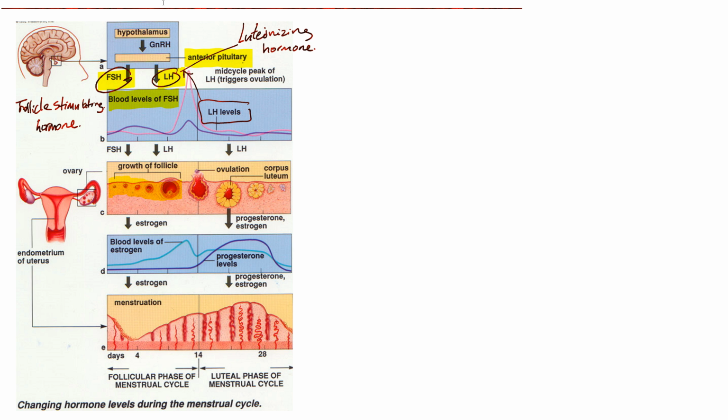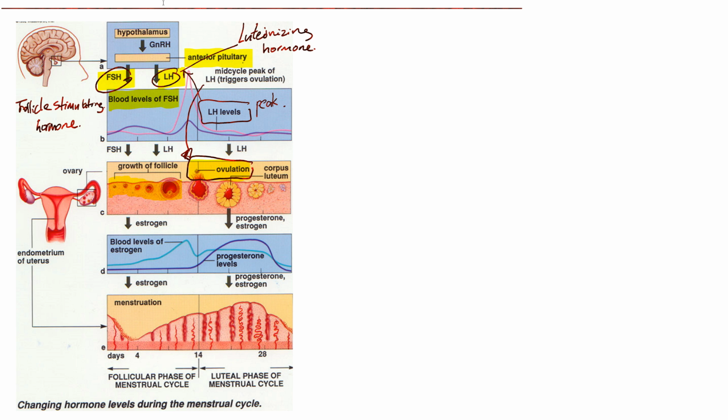Luteinizing hormone is going to peak at day 13 and 14. The peaking of this LH is going to stimulate ovulation. So LH's function is to stimulate the release of egg cells out of the ovary into the fallopian tube. This process is called ovulation. So LH function is basically for ovulation, right?